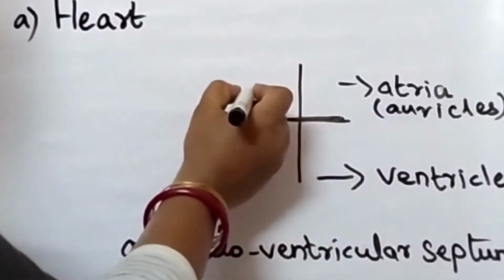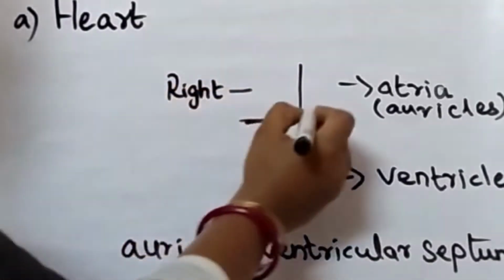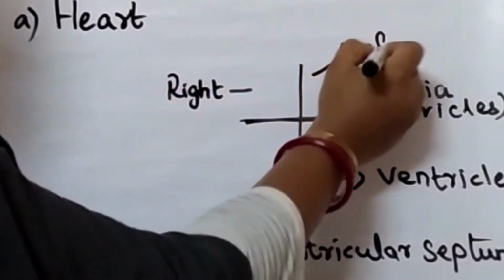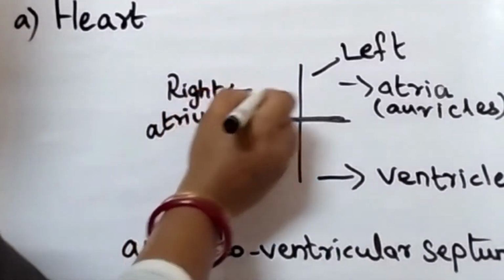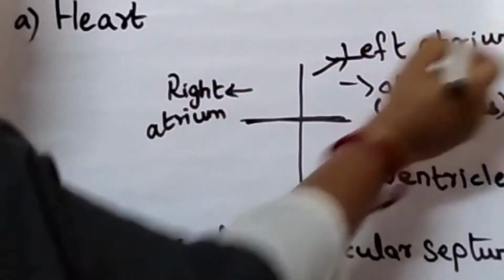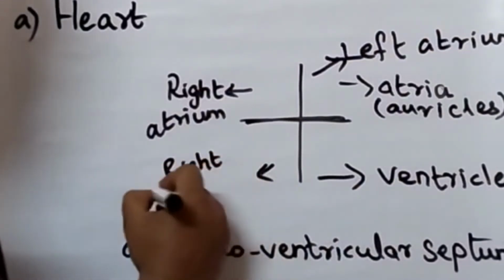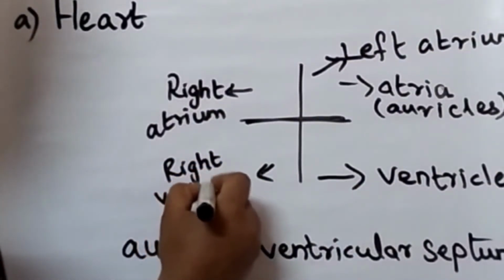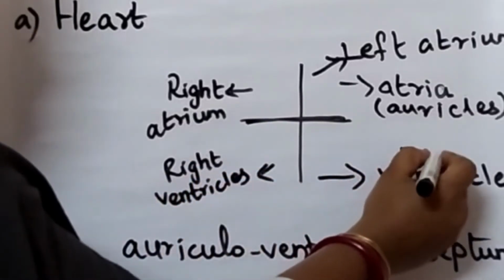See, this is the right side. This is the left side. Right atrium, left atrium, right ventricle, left ventricle.